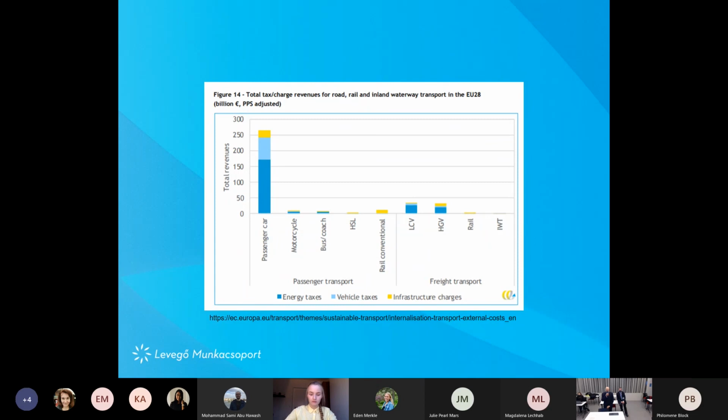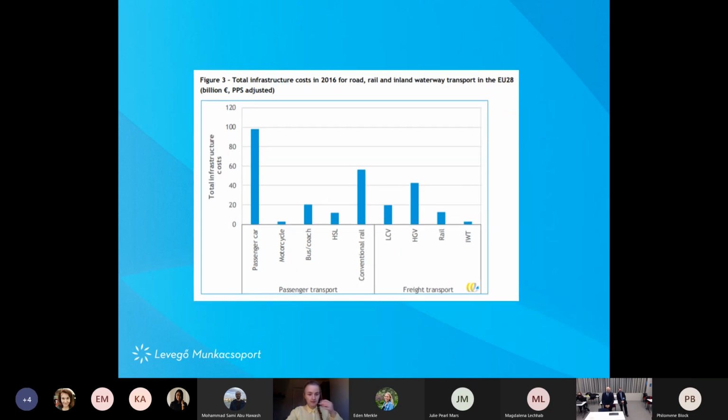Well, the researchers analyzed how much the users of transport, here you can see road transport and surface transport, pay in taxes and charges, and how much revenue the government gets from these. Then they also looked at how much the government spends on infrastructure, roads, and so on.